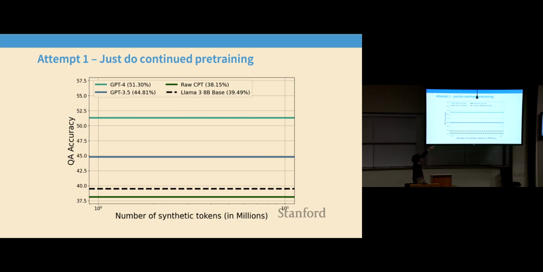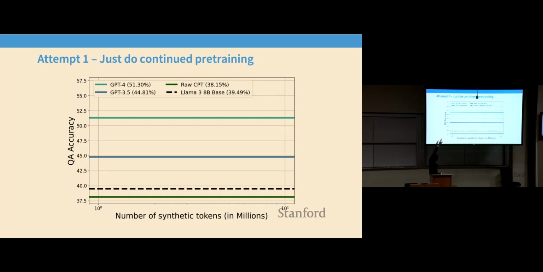That's the baseline from which we start. If I do this continued pre-training approach, that's the green line over here. It actually does worse than the original model. Any non-trivial amount of continued pre-training makes the model worse, because not only is the model not absorbing the knowledge, we're also destroying its ability to follow good instructions.